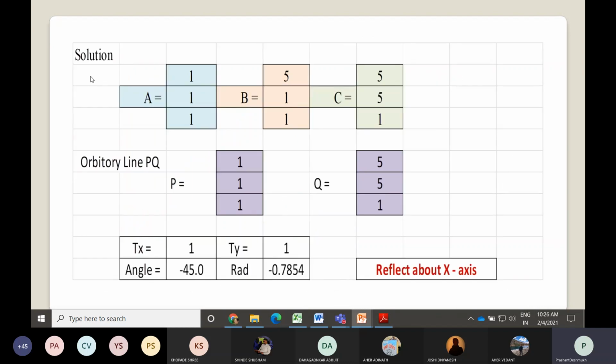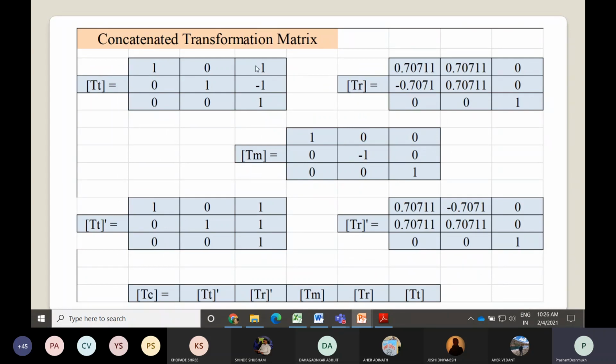Now I have shown the calculation in the form of Excel. Instead of writing down the matrix, because it takes more time to write down the matrix in a PPT, I have included this in the form of an Excel sheet.